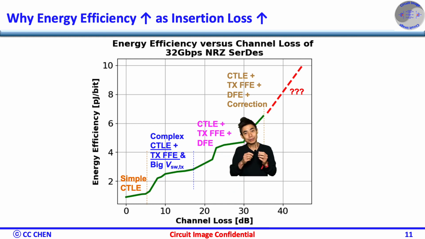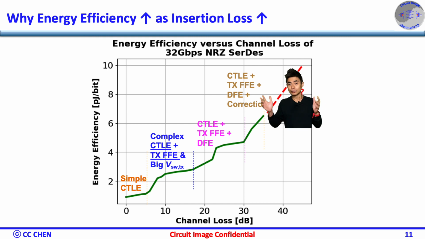Third, between the short reach and the medium reach, the loss will go beyond 25 dB, and we may need the DFE to increase the input sensitivity without adding too much noise amplification from the TX FFE or RX CTLE. So the energy efficiency must need at least 4 to 5 picojoule per bit.